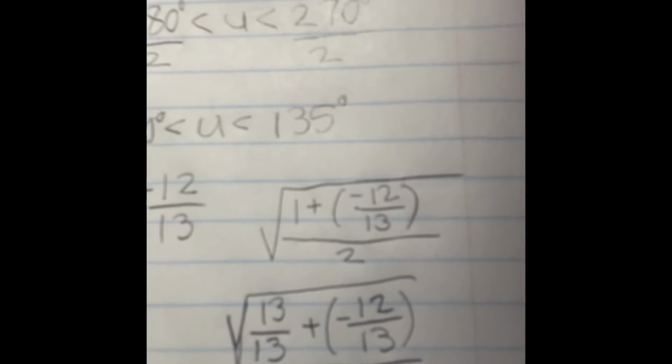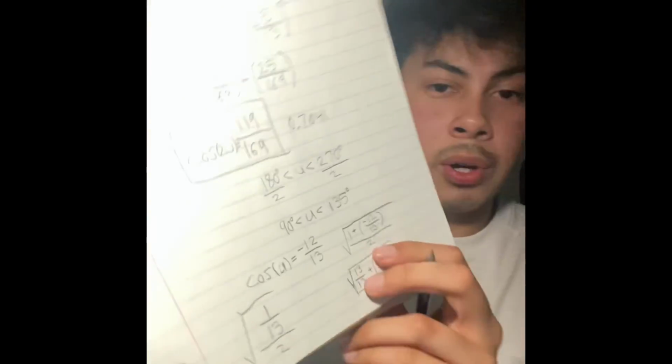So this is what it looks like in its rewritten form. Then you just do 13 minus 12, which is 1. So you get 1 over 13 over 2, and all of that's going to be under the square root radical.